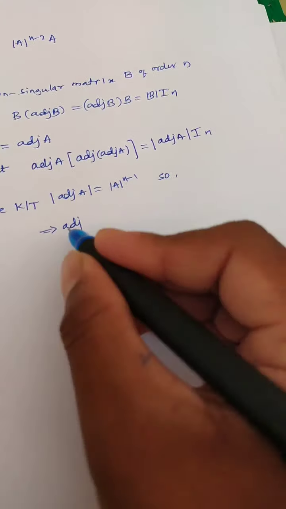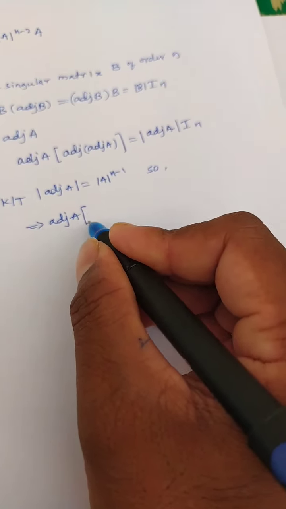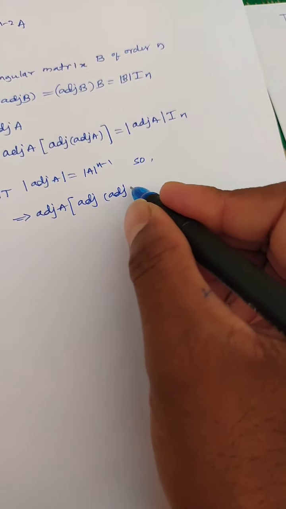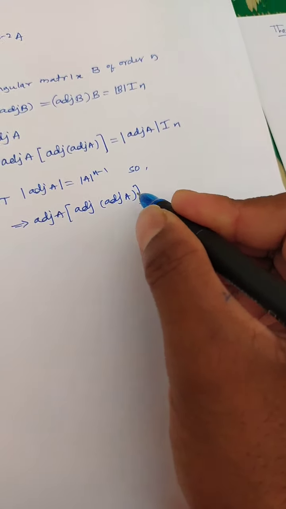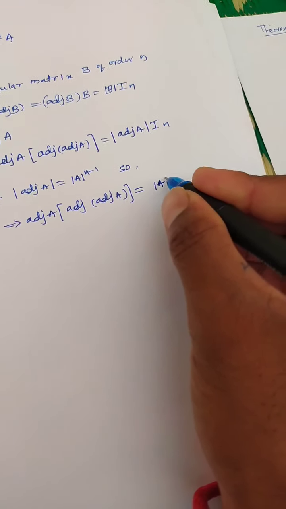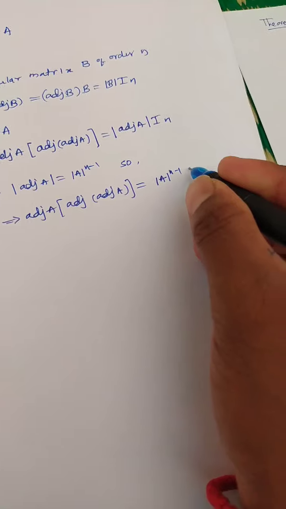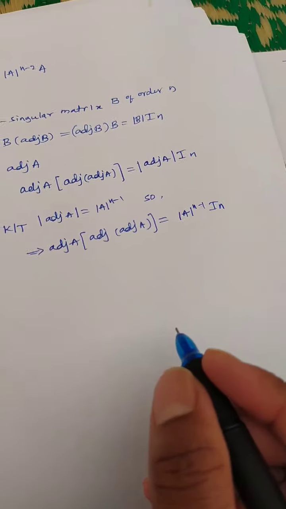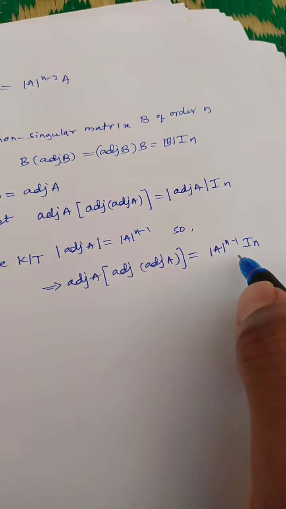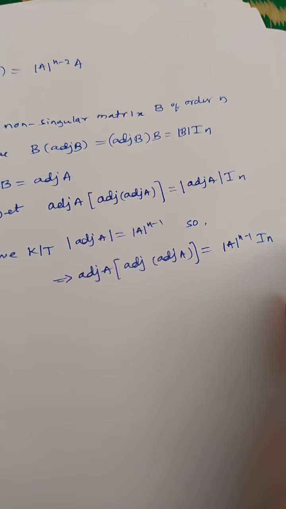So adjoint A into adjoint of adjoint A is equal to det A whole power n minus 1 into In.